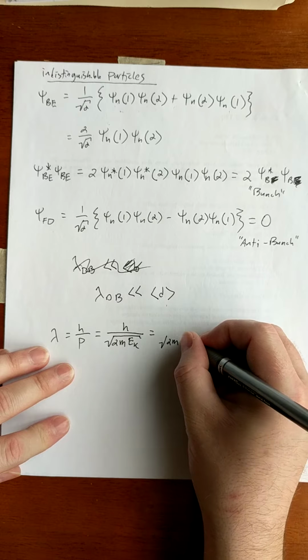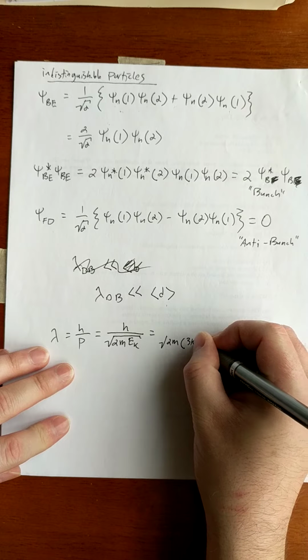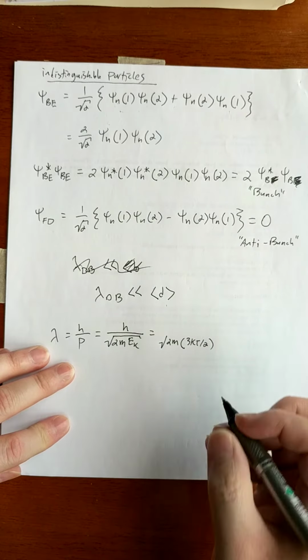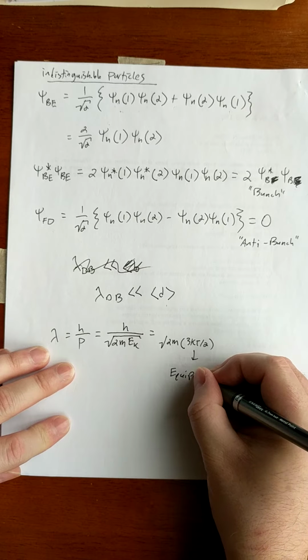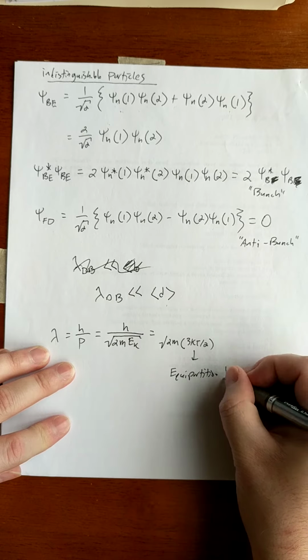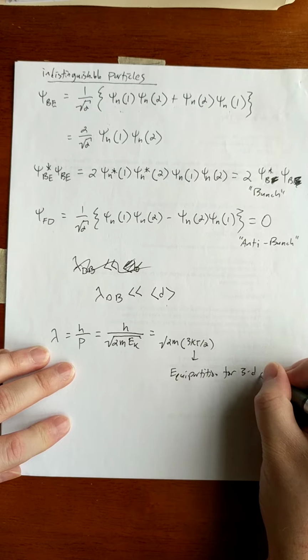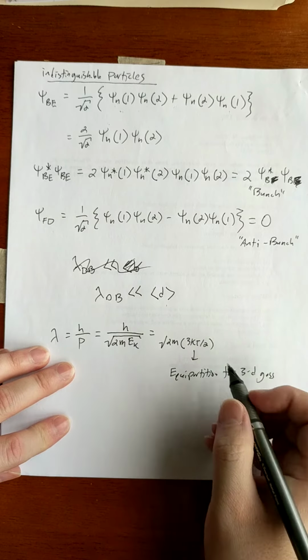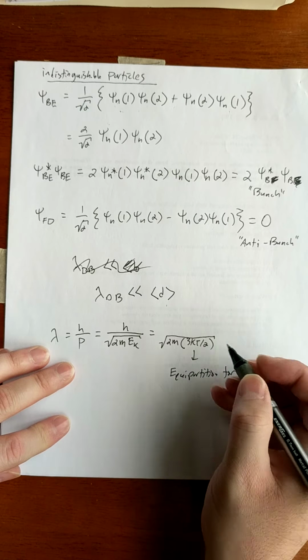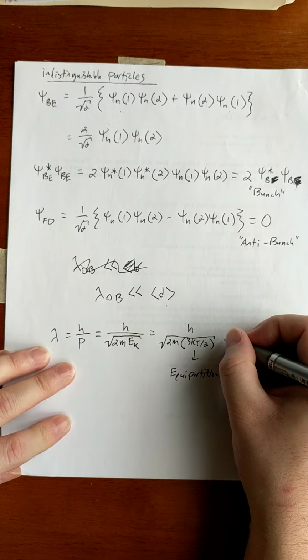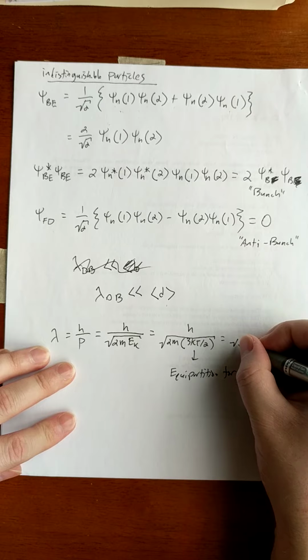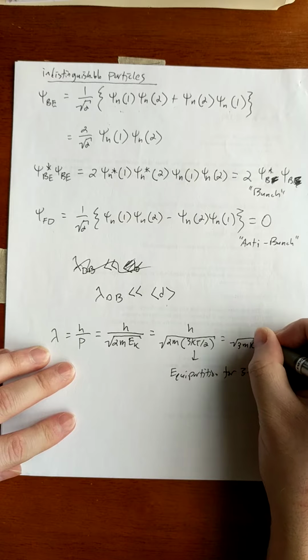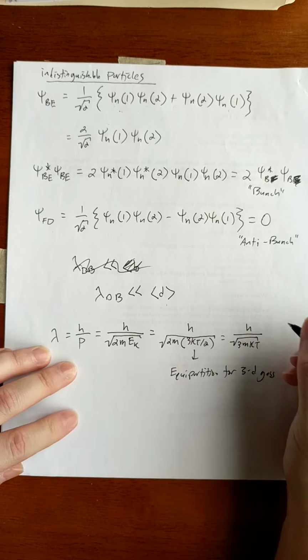The kinetic energy is going to be 3kT over 2 for a 3D gas. And then, of course, we simplify to the square root of 3mkT, under h.